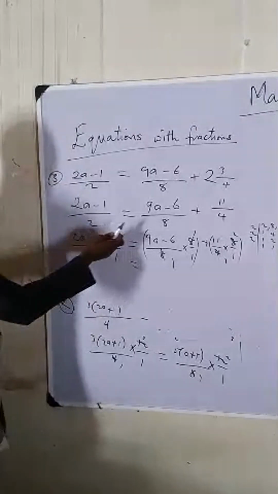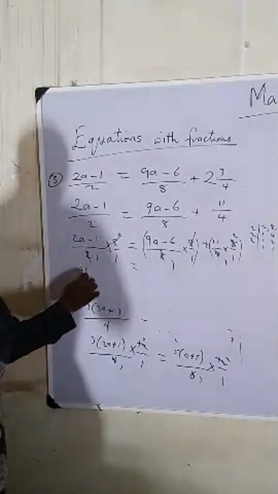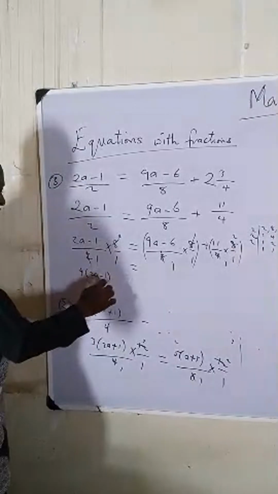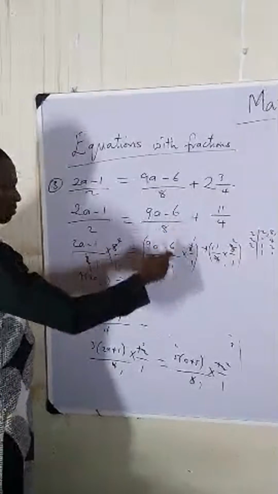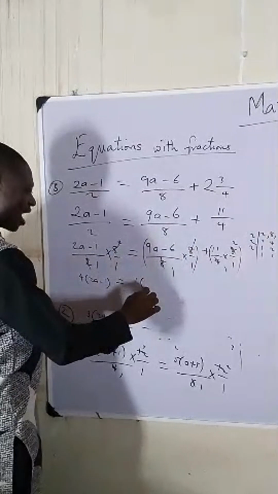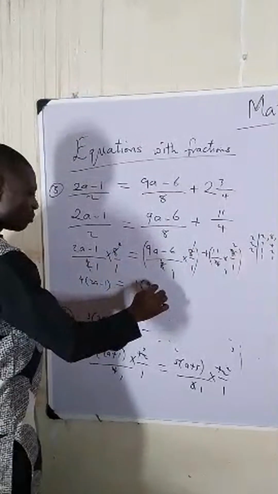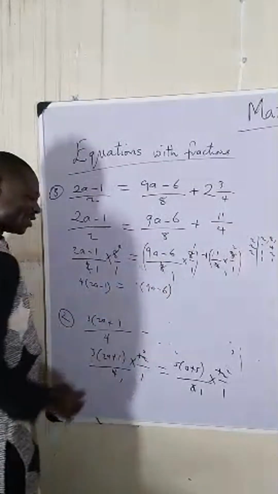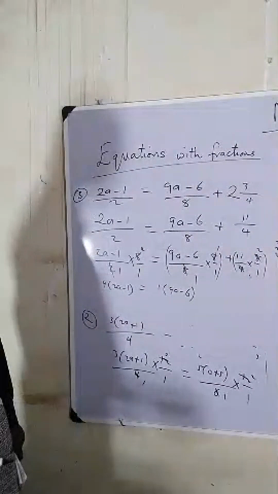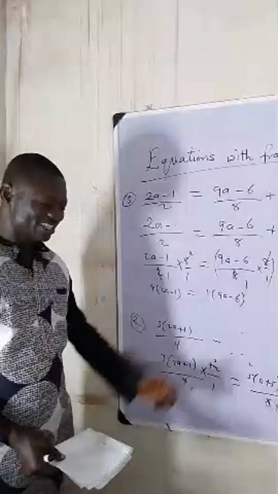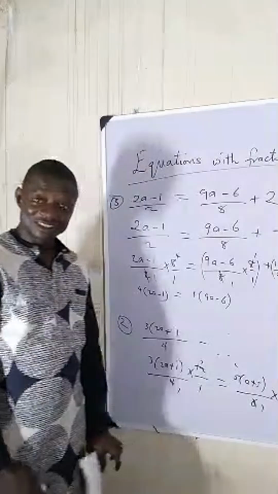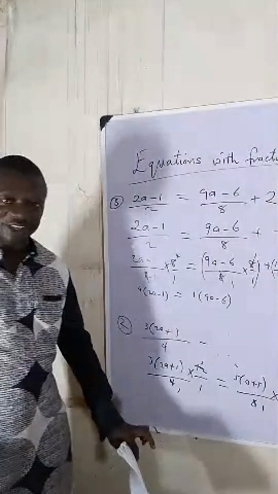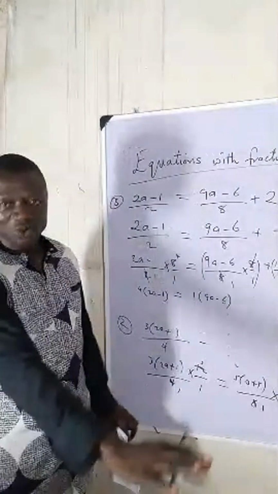So it's going to be 4 into 2a minus 1, all right? Is equal to, since there's no other number here apart from 1, let us just say 1 into 9a minus 6. We know when multiplying a number by 1, we get the same number. But we're doing this to make sure we justify our steps, and any mistake that is about to come in, we know and make sure we avoid it.